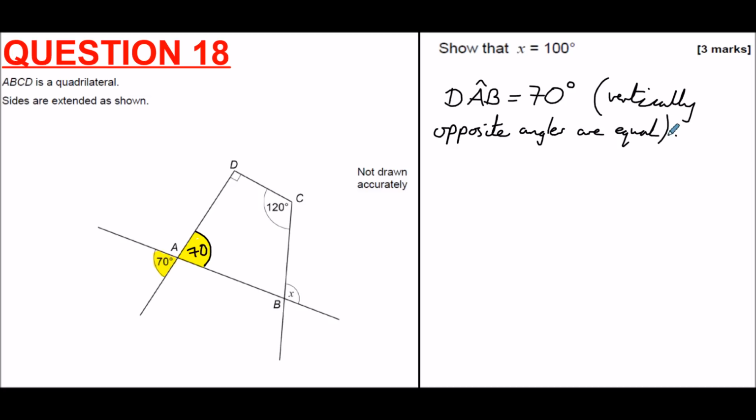So that's all well and good, but it says ABCD is a quadrilateral. I was going to say you need to remember that angles inside a quadrilateral add up to 360 degrees, but I'll just bite my tongue there. I'll show you a way around it.